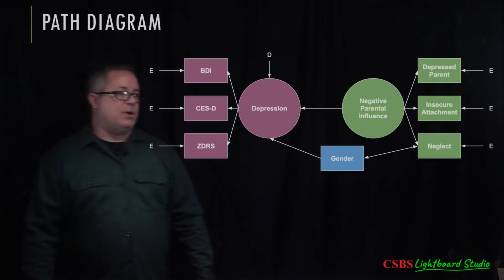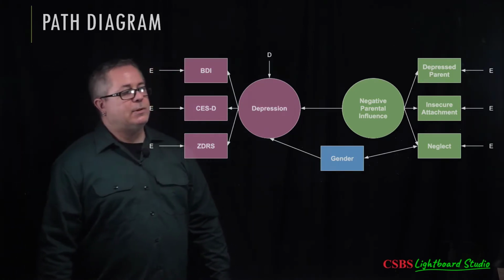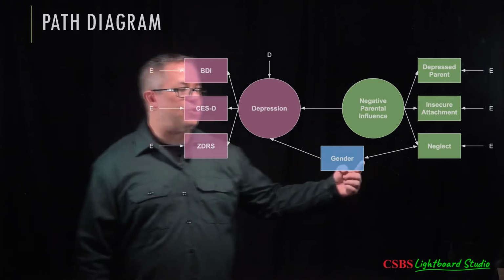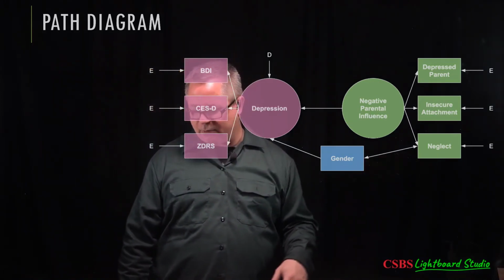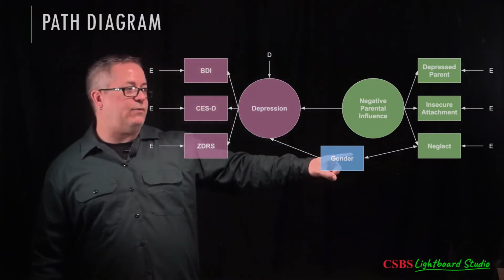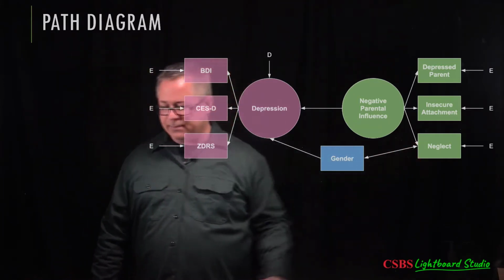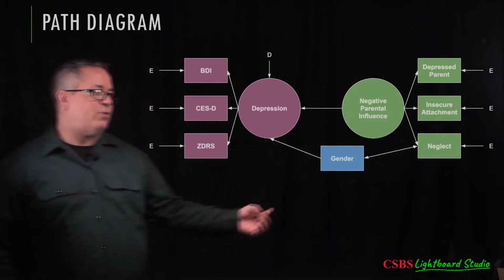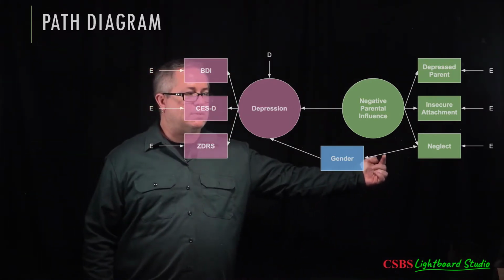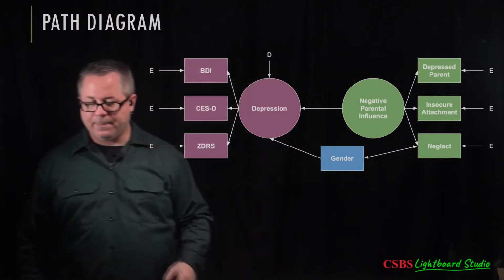We'll get back to that later on. It's easier to show it this way, that I think that gender and neglect are related in some way. But you technically can't even correlate these two things directly. So I have a correlation here. Is this measurement? Is it structure? What is it?